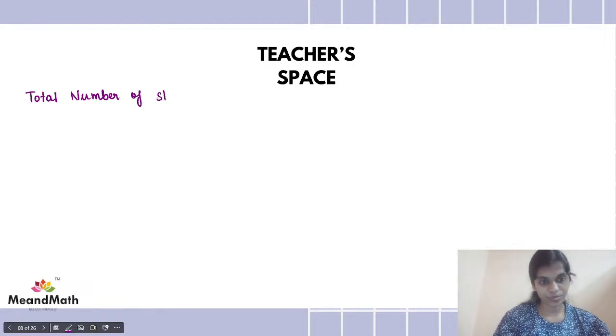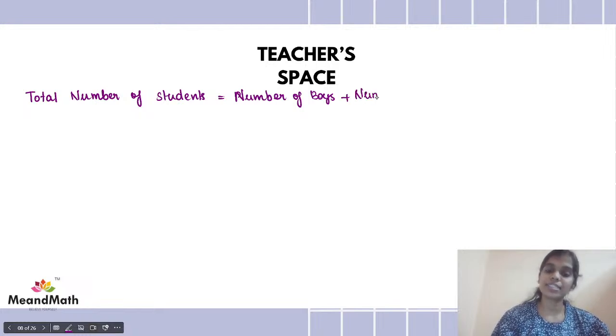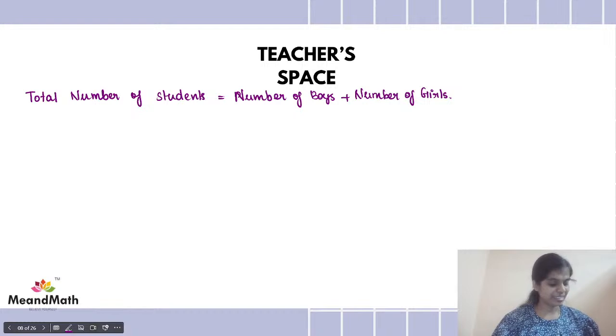Now we can work this. Let the number of boys be B and the number of girls be G.